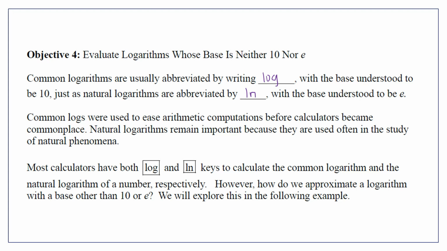Natural logarithms remain important because they are used often in the study of natural phenomena. Most calculators have both a log and a natural log key to calculate the common log and the natural log of a number, respectively. However, how do we approximate a logarithm with a base other than 10 or e? And we'll explore this in our following example.